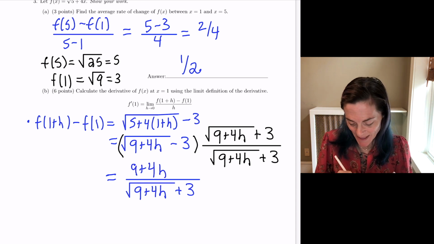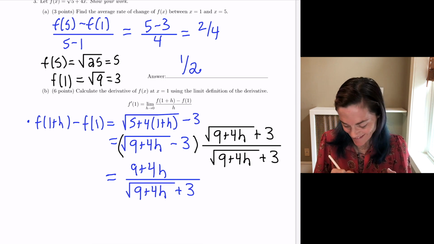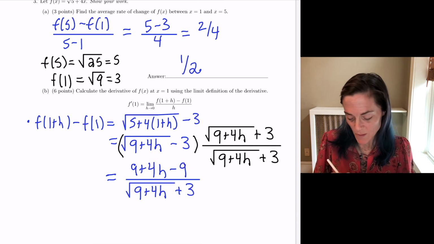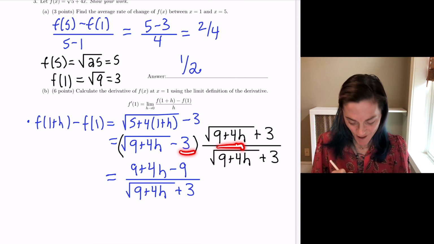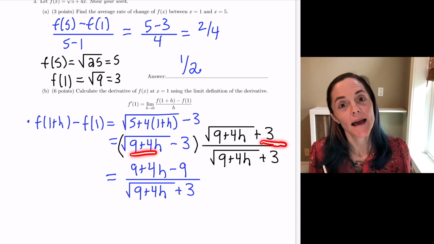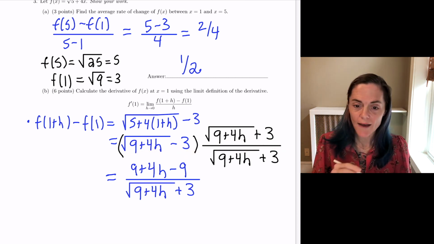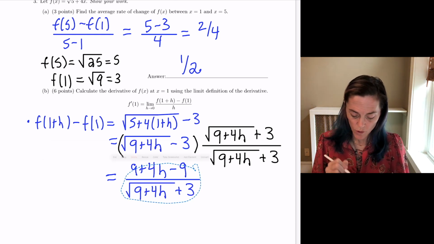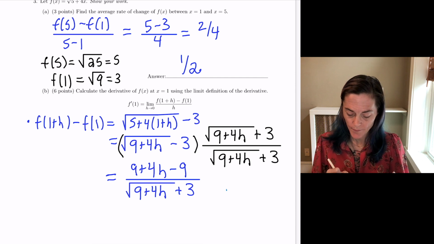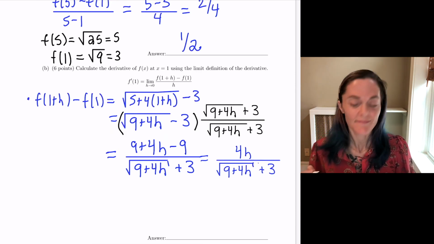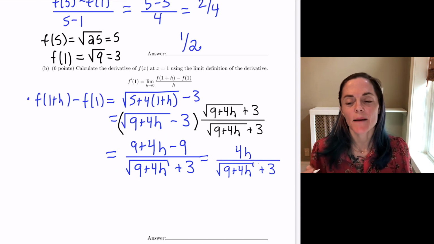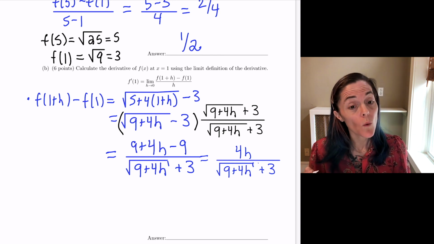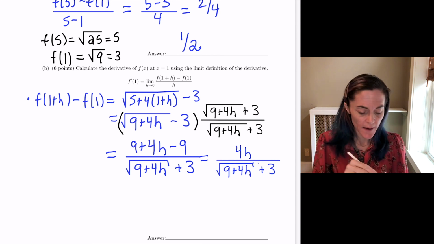The last, we get minus 9. But then the reason why we're doing this is the inner term and the outer term add to 0. And so we're left with 4h divided by the square root of 9 plus 4h plus 3. Well, this is h times something, which is what we want because the next step is we divide by h.